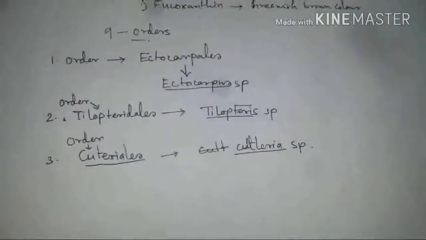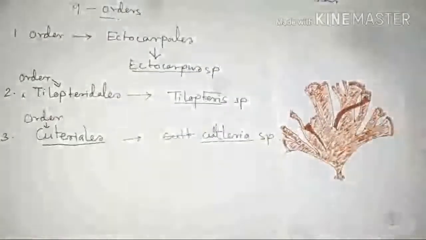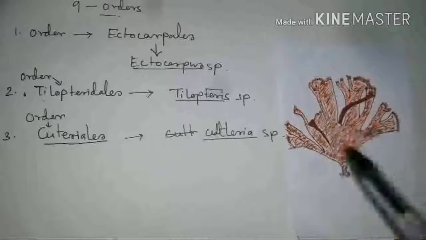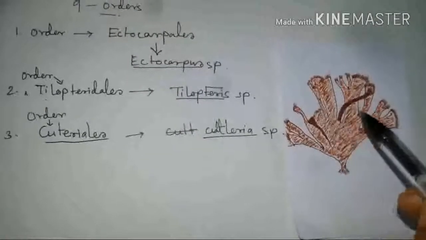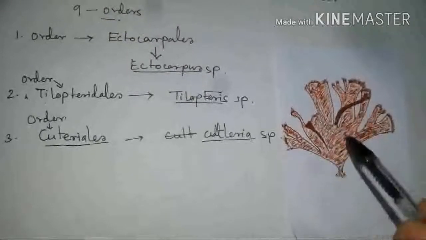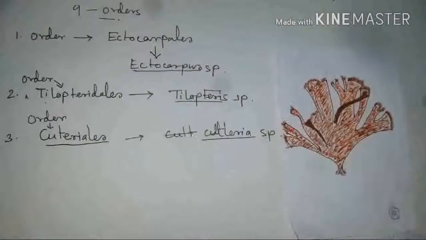This is an algae with a fan-shaped thallus body, and the inner cells are made up of parenchymatous cells.